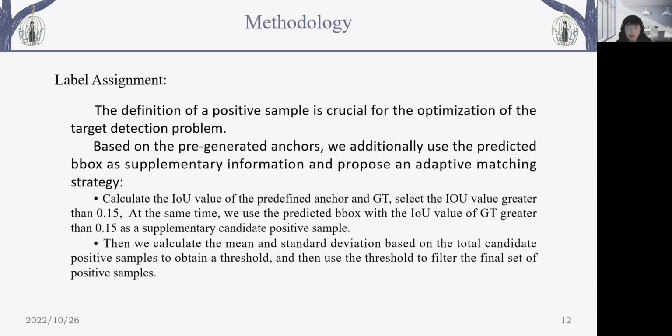Based on the pre-generated anchors, we actively use the predicted bounding box as supplementary information and propose an adaptive matching strategy. In simple terms, we first select some of the positive samples, and then we filter out the better ones within that. If you want a more comprehensive introduction, reading the paper or contacting me is a good option.